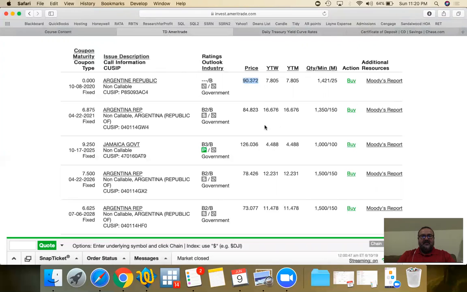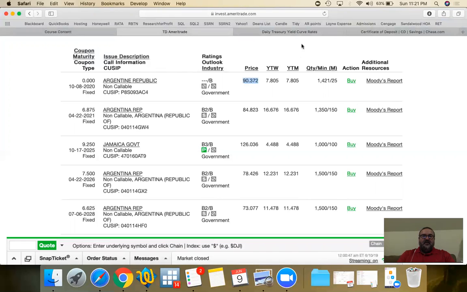Now, if you look at the next one, this is April 22nd, 2021, and this has a coupon that we're going to receive more than likely every 6 months. Currently we're willing to pay $84 for this, and our yield to maturity by paying $84 is 16 and some change percent.